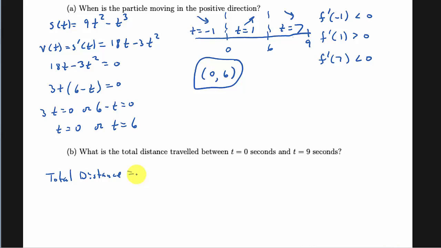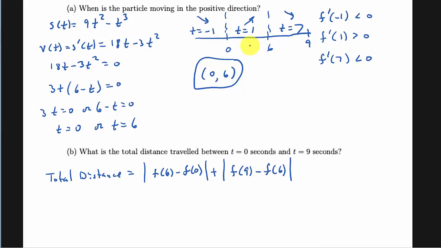But remember, we could be moving in a negative direction. It could be negative. So, like if you start somewhere, you might move in a positive direction and then move in a negative direction. So that would give you a negative. So we got to do the absolute value. So that's the absolute value of f of 6 minus f of 0 plus the absolute value of f of 9 minus f of 6.